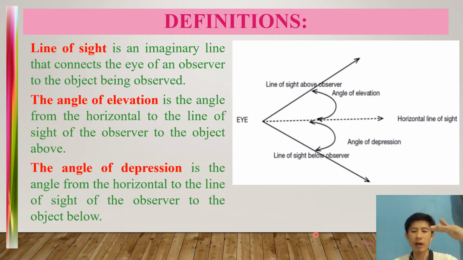Pero kung wala namang object doon, it's okay, basta there is an imaginary line. So, that is the horizontal line of sight.